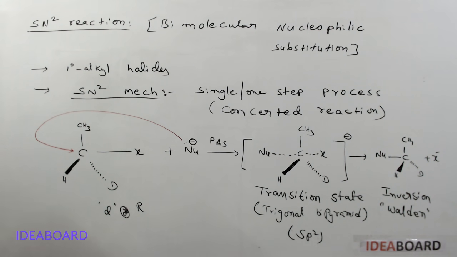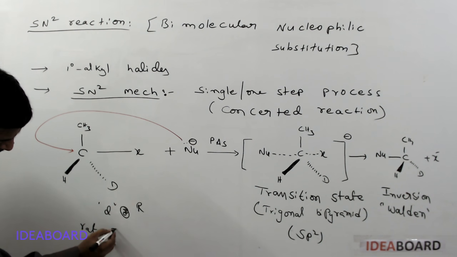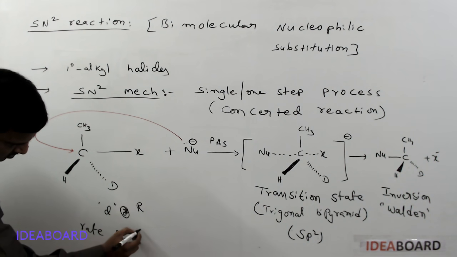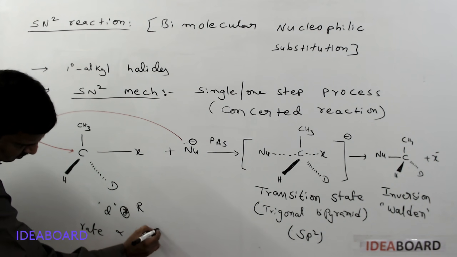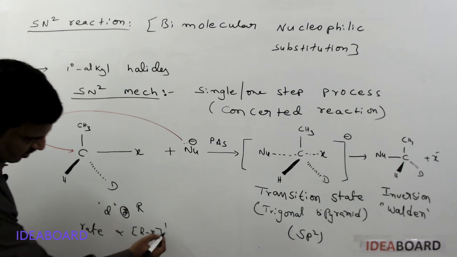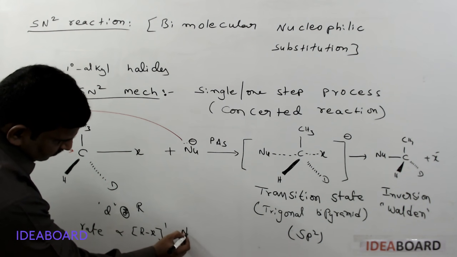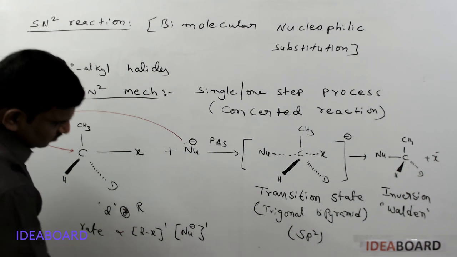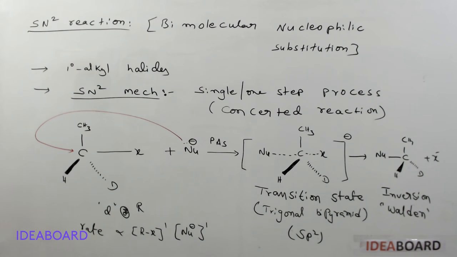Next, what is the rate of the reaction? Here we have only a single step process, so the rate is directly proportional to the concentration of alkyl halide power 1 and the concentration of nucleophile power 1, because both are involved in the single step process.